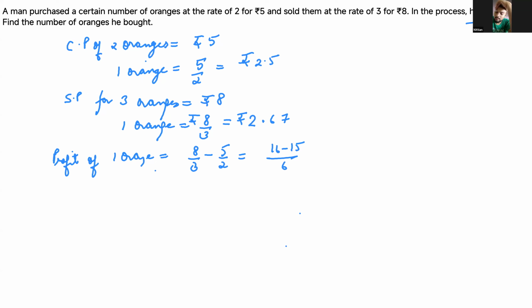So it means that he is getting 1 upon 6 as a profit for one orange.